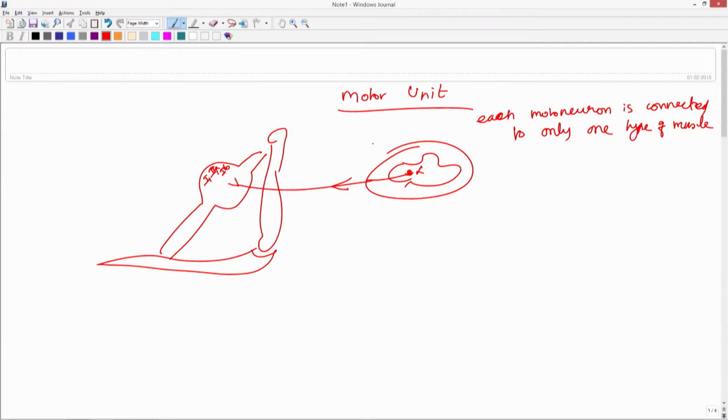The motor unit is nothing but the motor neuron plus all the muscle fibers it is innervating.